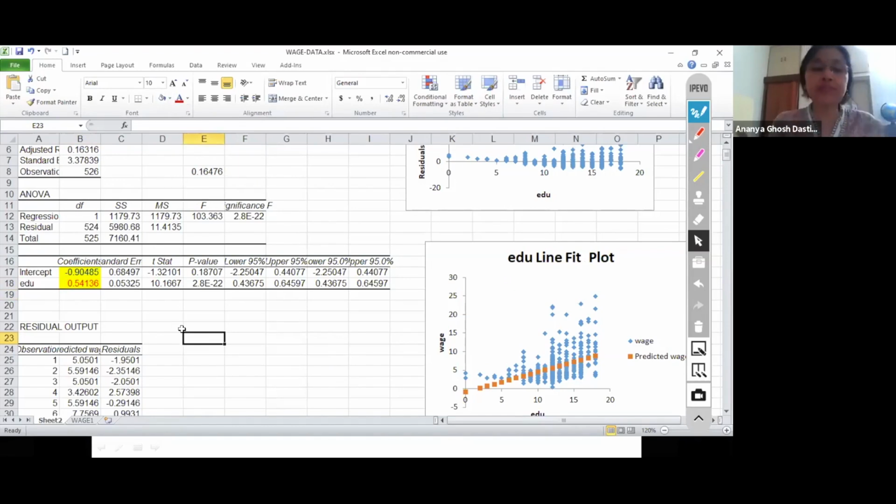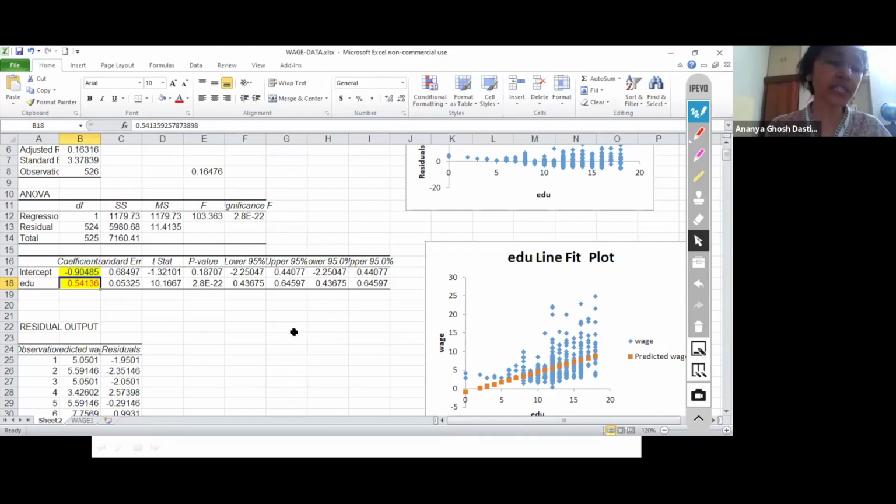So all of this we have done. That's the first thing: we get the coefficients, we look at their magnitudes. Right now I'm not going to say much about the magnitude except interpreting it. So what does this 0.54 mean?